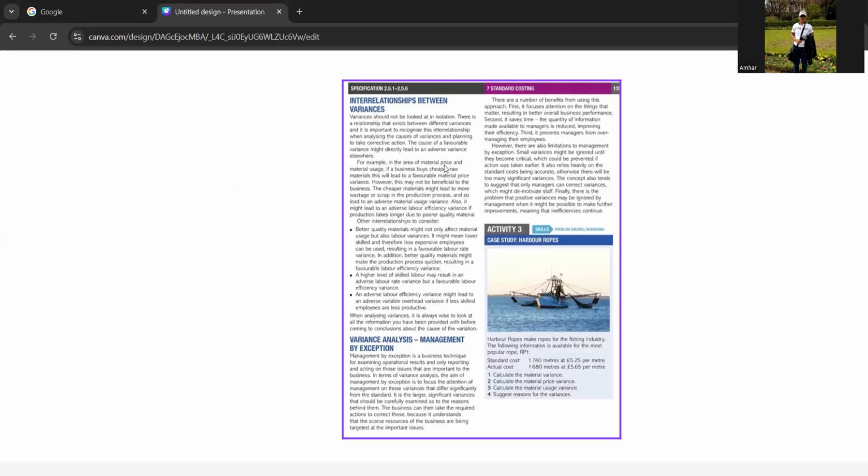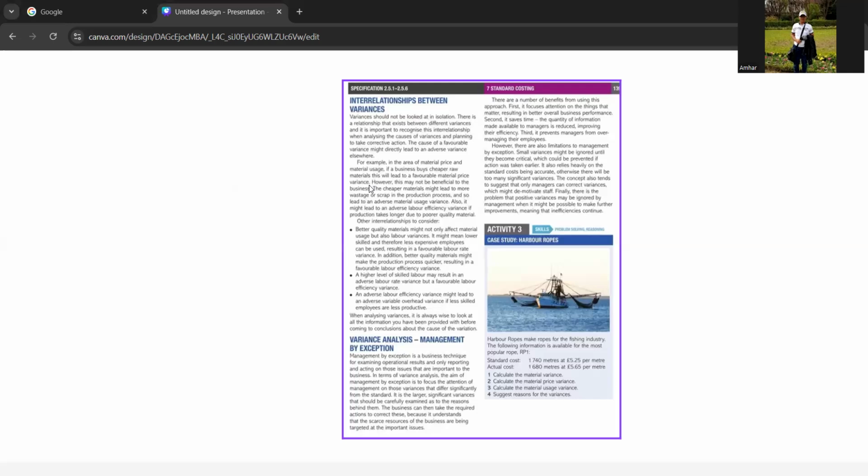Yeah, understood this. Okay, so they have told you an example. They are saying material price and material usage. So if a business buys cheaper raw material, this will lead to a favorable material price variance. We studied reasons for variance, right?